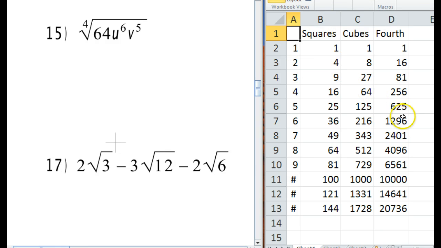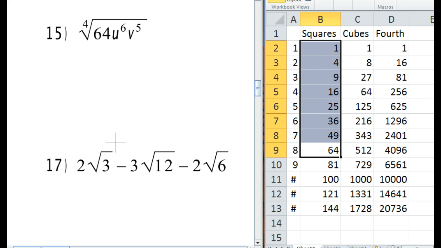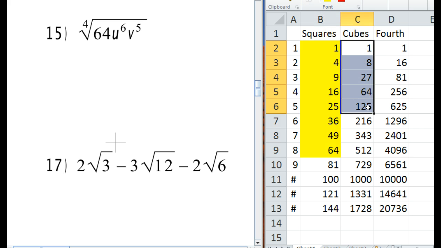My guess is that you really only need it, let's see here. These are the ones you really need the most. Those are the most common ones.